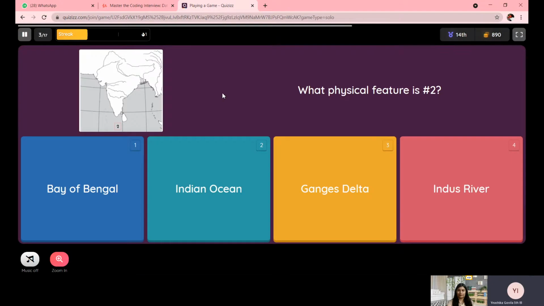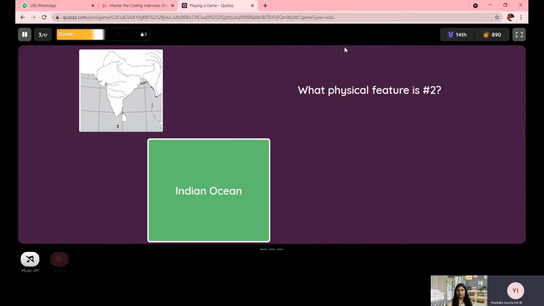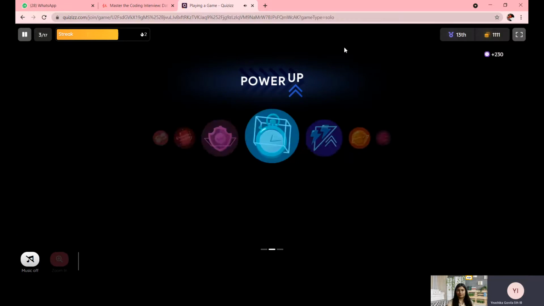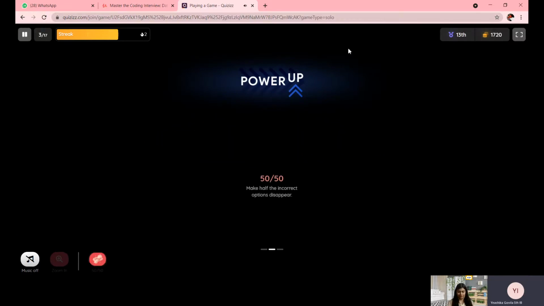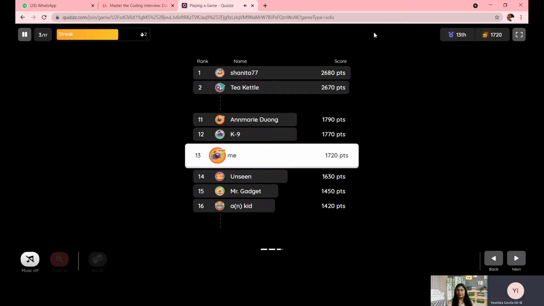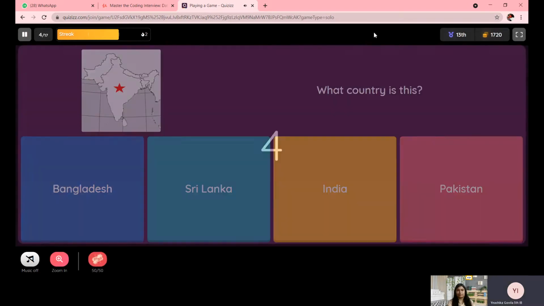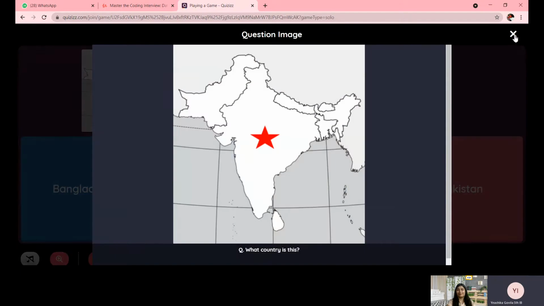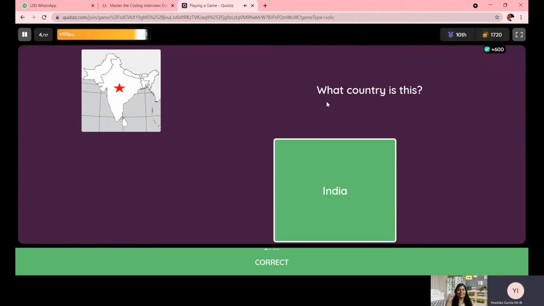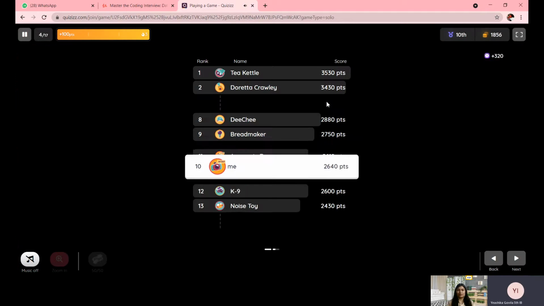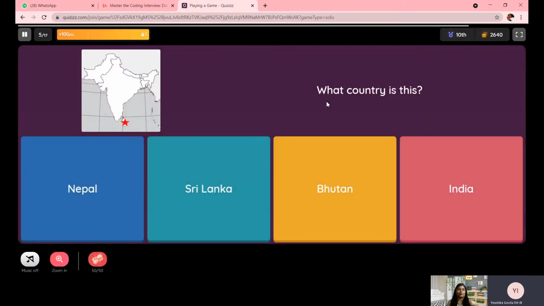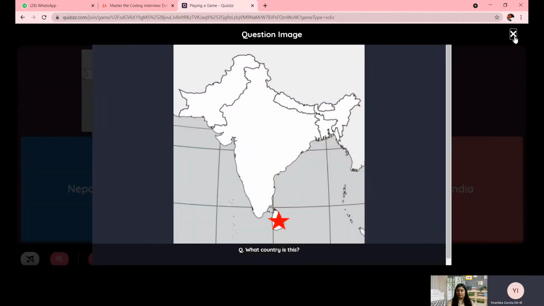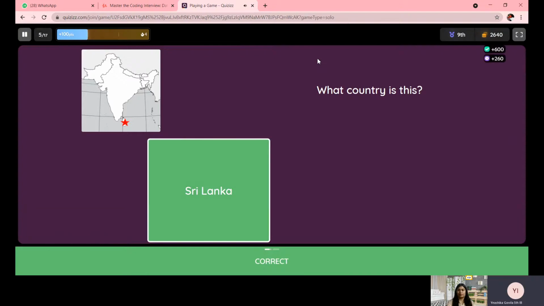I think that's the Indian Ocean. Yes. What country is this? India. What country is this? Sri Lanka. Yes, Sri Lanka.